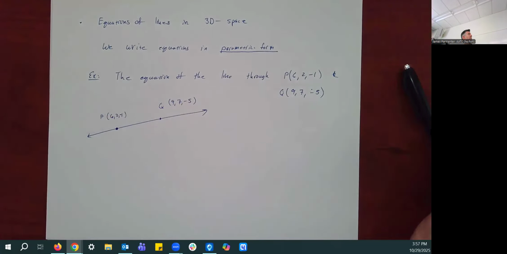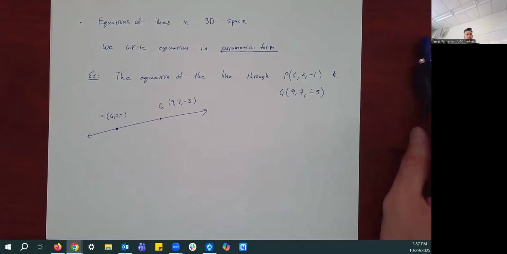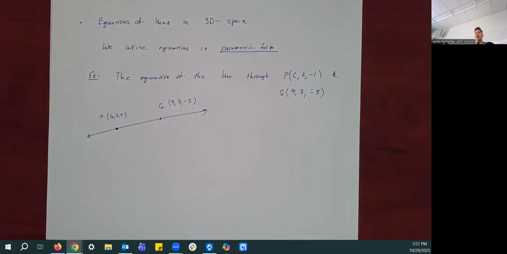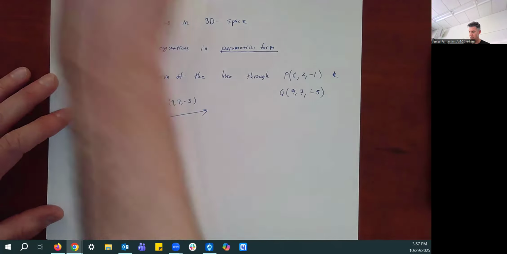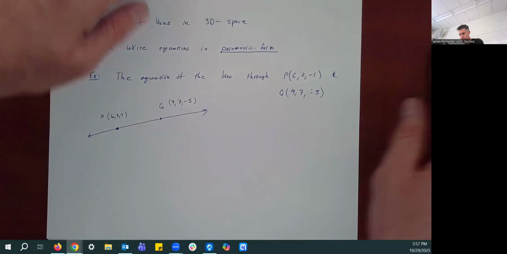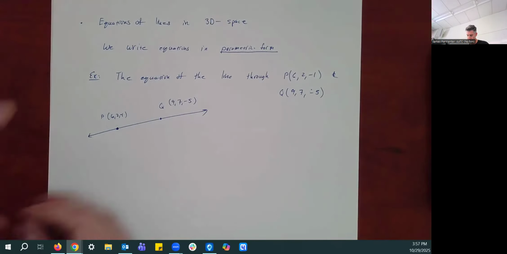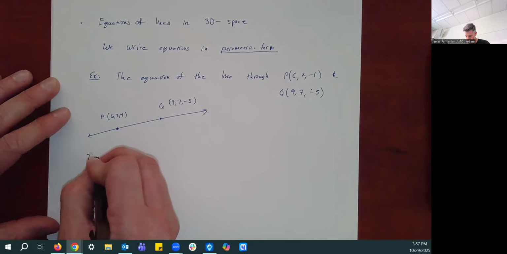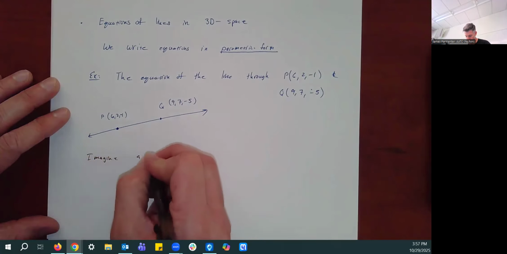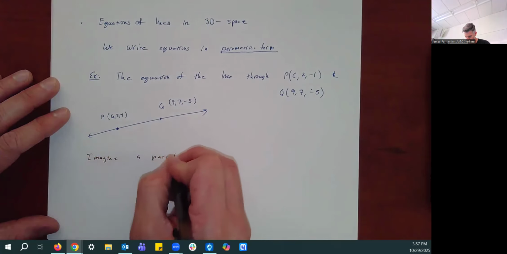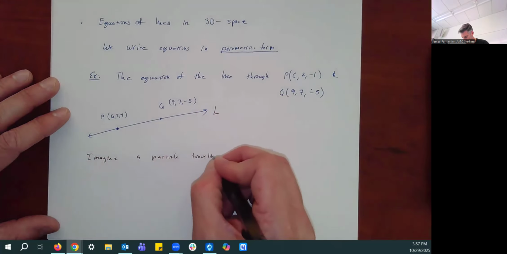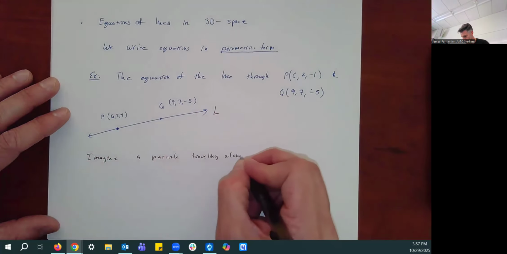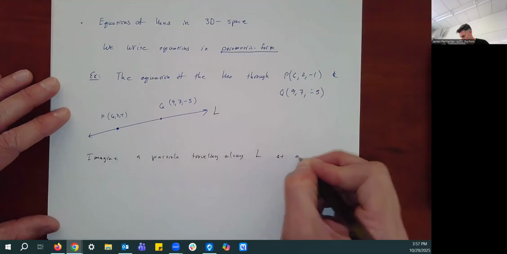And here's what you want to imagine is happening. There's a particle traveling along this line at a constant speed. Let me actually write down the words I'm saying. Sometimes I'm bad at that. So imagine a particle traveling along this line at a constant speed.